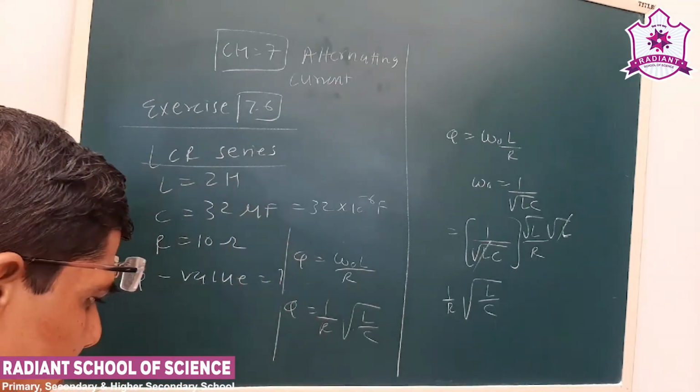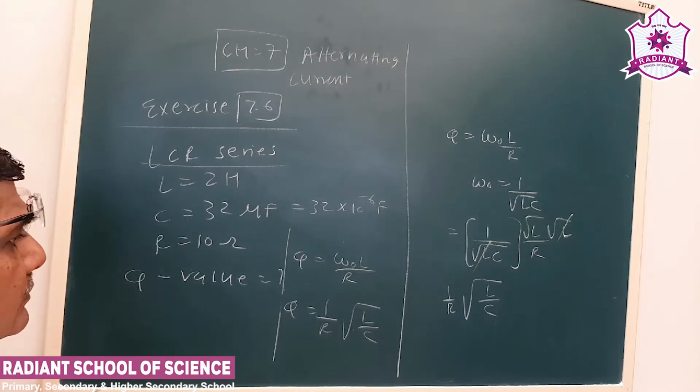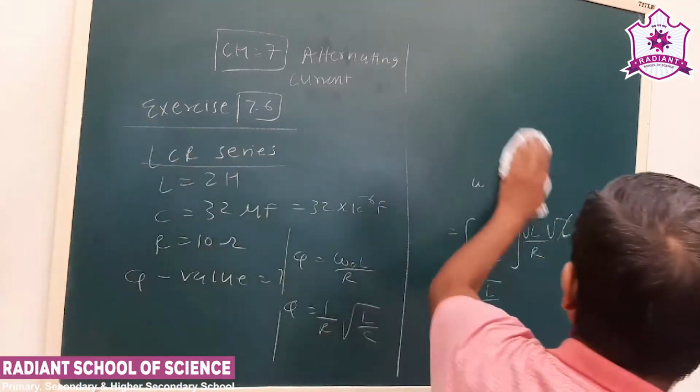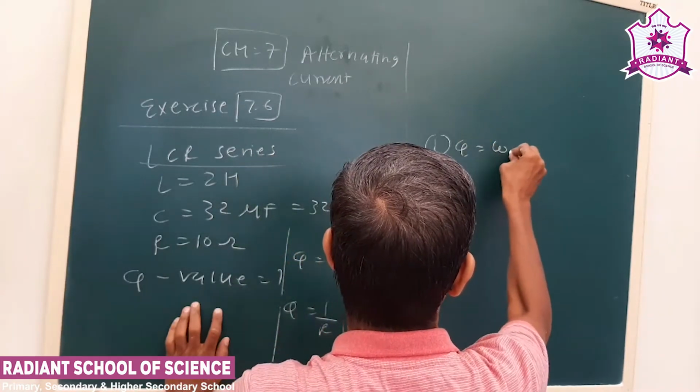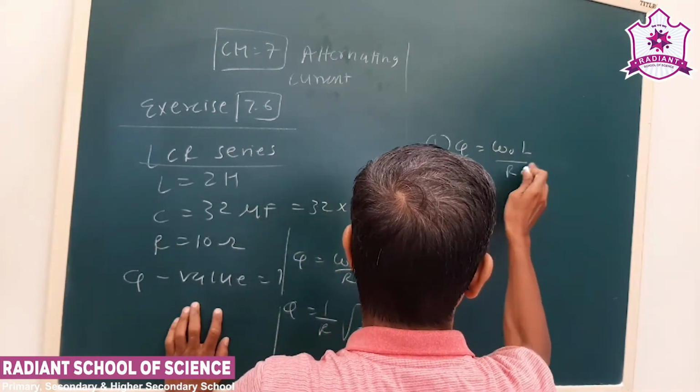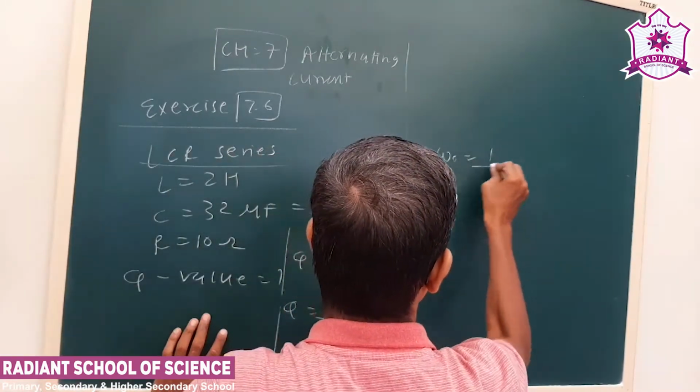Now we have to substitute the component values. Our first equation: Q is omega 0 L upon R. First we need to find omega 0. Omega 0 is 1 upon root LC.